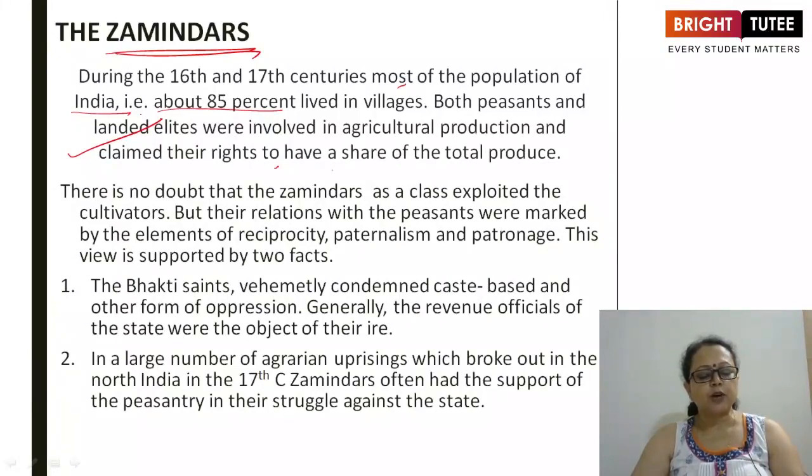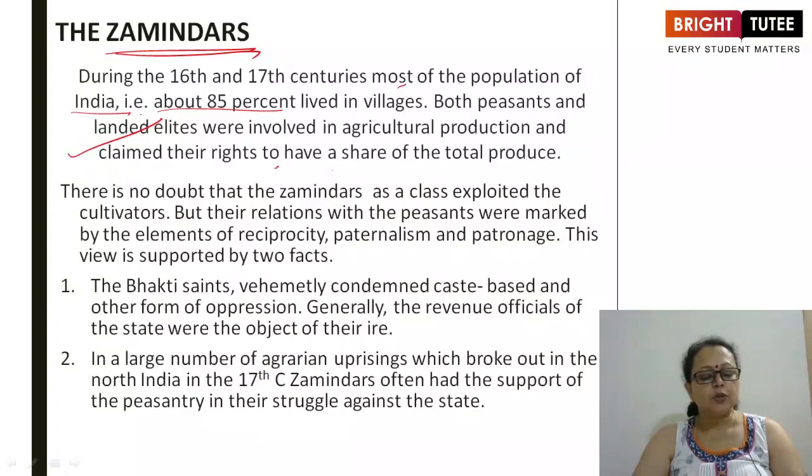Its produce was for the personal use of the Jamindars, for their own consumption. The Jamindars had the right to sell, bequeath, or mortgage their personal lands at their will.